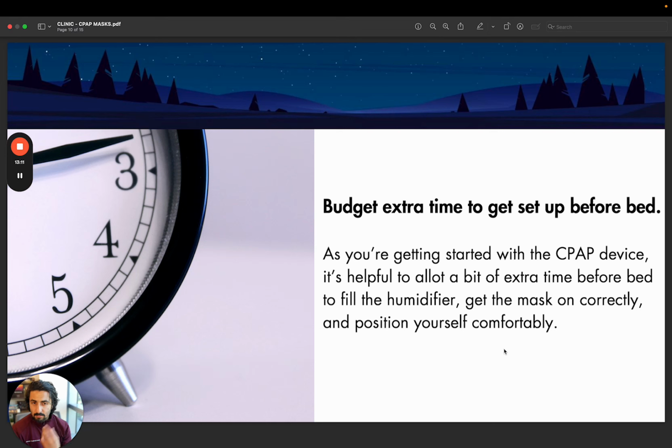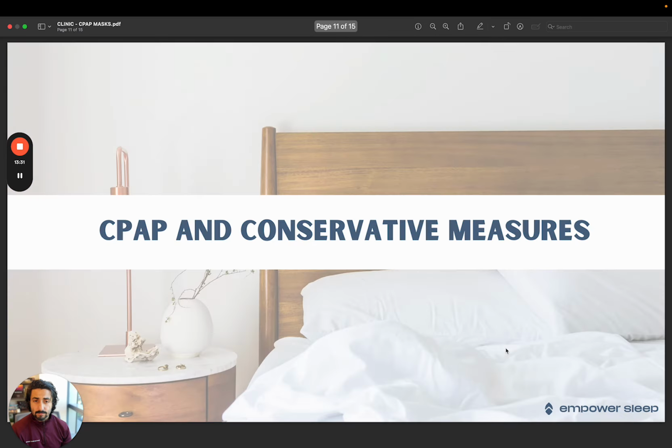The same goes for contact lenses, for example. So similarly, our bodies will get used to this, assuming that it's working well for you. But we want to set you up for success. So please give yourself some extra time before you get to bed so that you can get used to the CPAP and the airflow.